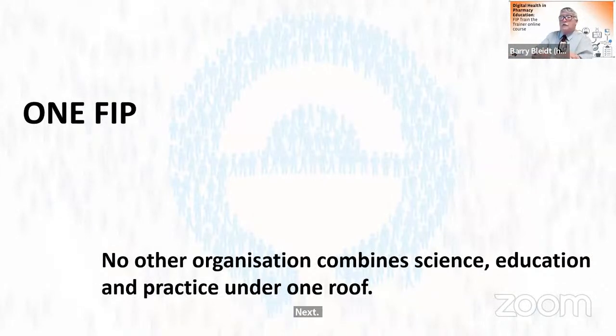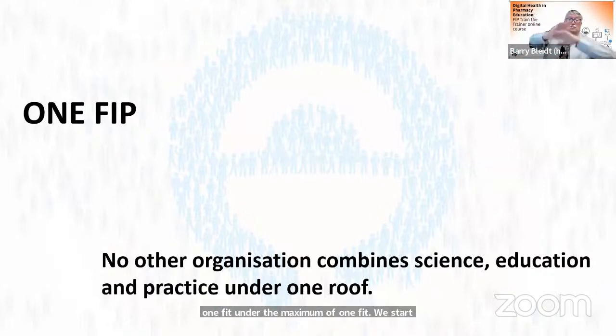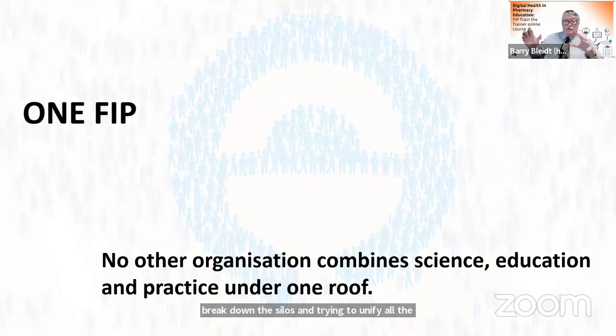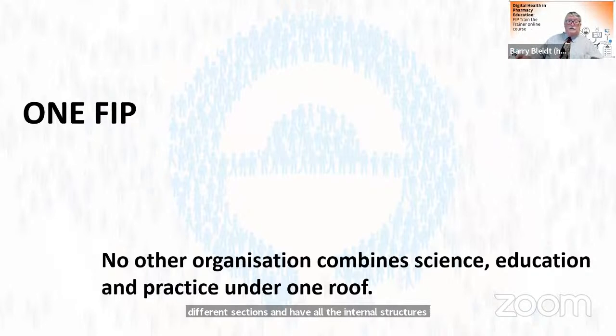ONEFIP. Under the maxim of ONEFIP, we started to break down these silos and try to unify all the different sections and have all the internal structures within the organization working together. And so we're trying to get all pharmacists from the very different health systems to be able to take on new roles to provide new services and put it all under the 3 main domains of science, education, and practice.